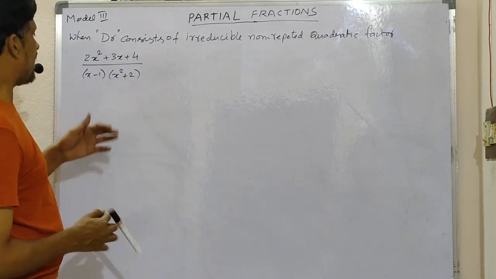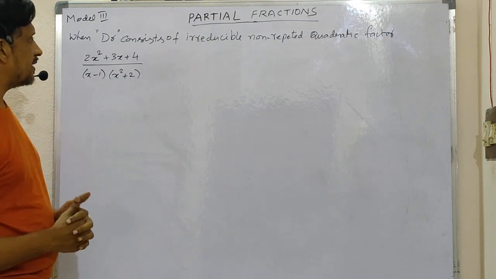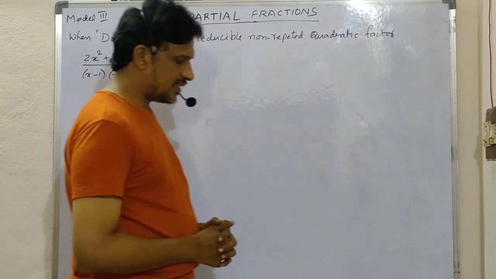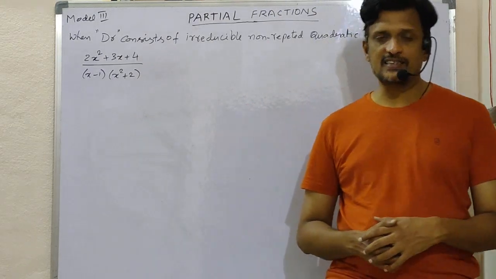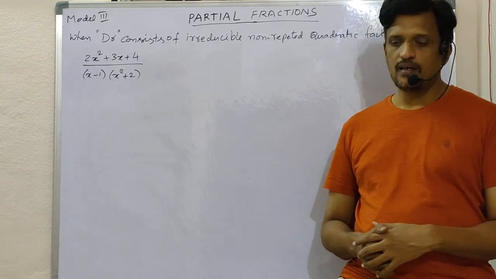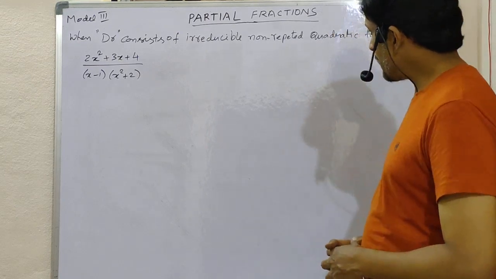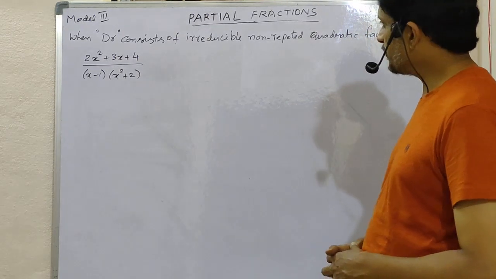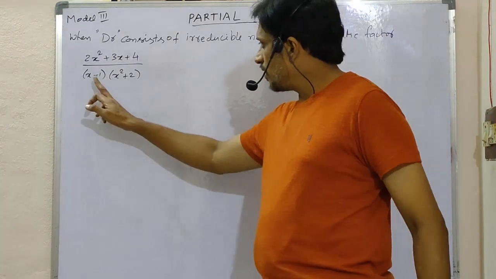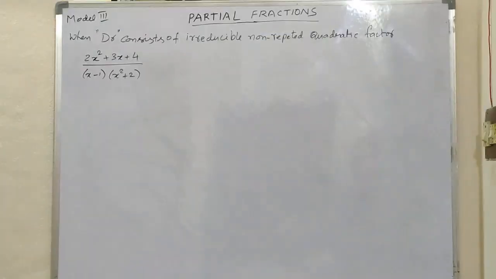And then we have to write the given fraction as the sum of the partial fractions, when the denominator consists of a non-repeated quadratic factor.